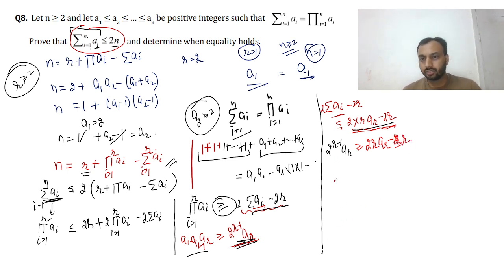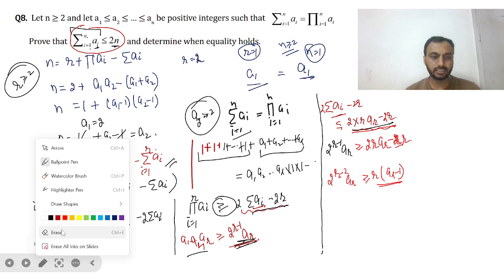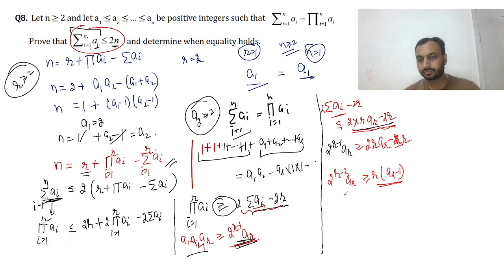so you can take 2 common, so it is 2 power r minus 2 ar is greater than equal to r times ar minus 1. Now r times ar minus 1 is less than r times ar, or even we can say this value 2 power r minus 2 ar is greater than 2 power r minus 2 ar minus 1.